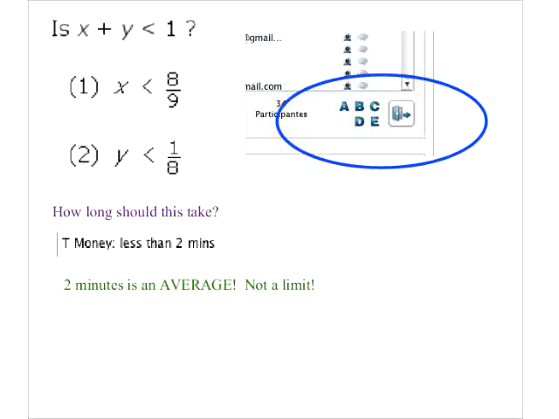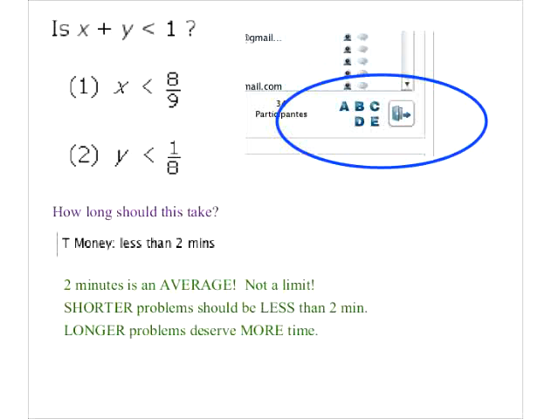So shorter problems should be less than 2 minutes. Longer problems should be more. Or longer problems at least deserve more time. This doesn't mean you have to take up that much time, but when you see a problem like this, there are no words, there's nothing to decode.